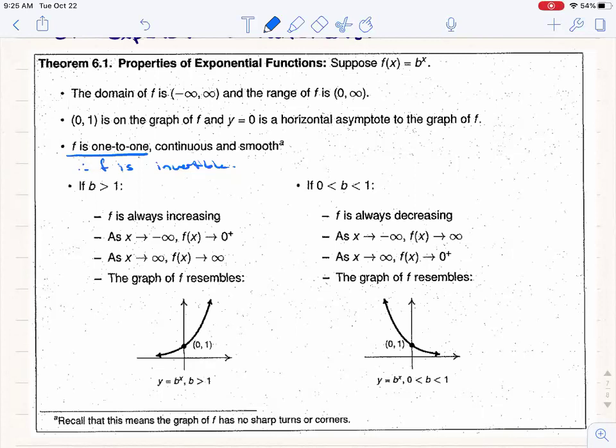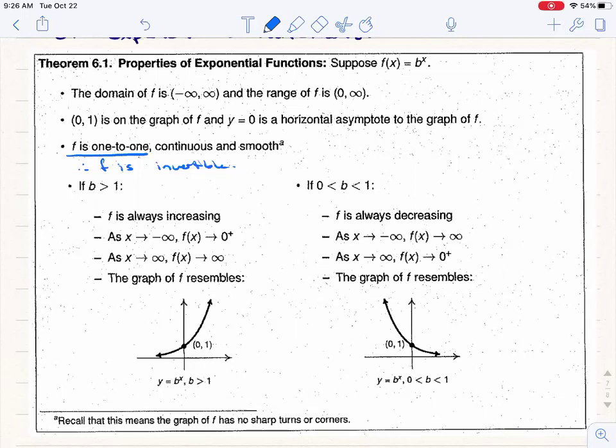The exponential function behaves a little bit differently depending on whether b is greater than 1 or between 0 and 1. Remember, b had to be greater than 0; we can't have a negative base. When b is greater than 1, we have the activity that we saw: 2 to the power of x, where 2 is greater than 1, gives the graph we saw earlier.